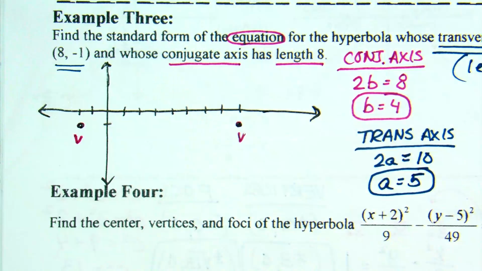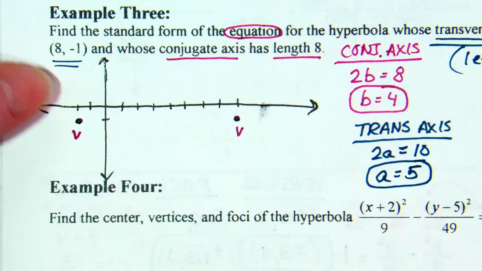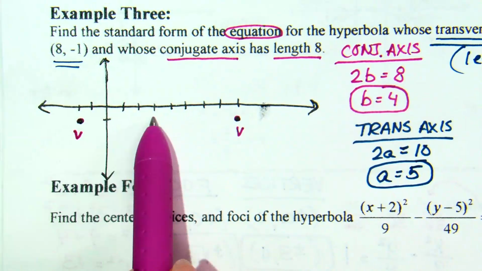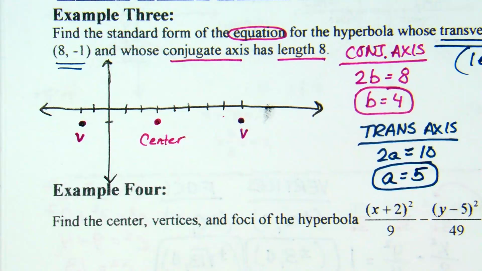The distance between these vertices was 10. So you now need to count in to find the middle. We count in 1, 2, 3, 4, 5, or you can count in 1, 2, 3, 4, 5 from the other side. That is going to be my center, because it's in the middle of the two vertices. Everything is symmetric here, right?